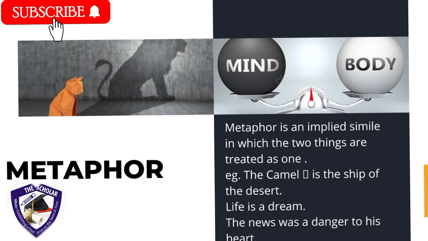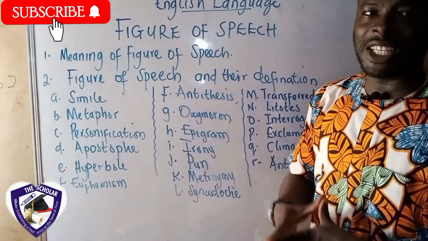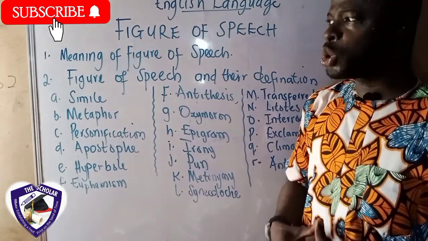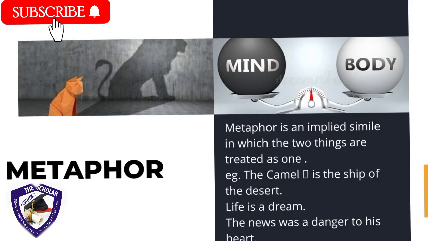Metaphor is also a figure of speech. It's an implied simile in which the two things are treated as one. It expresses two things as one. But in this case, there will be no use of like or as. For instance, if I say, life is a dream.